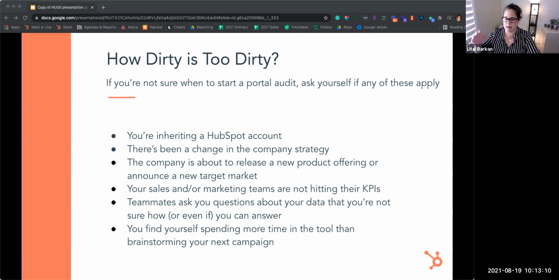If they've been hitting and then missing by a lot, something might be funky with the data. If your teammates ask you questions about your data and you're not sure how to answer them, or even if you can answer them with the data you have, or if you find yourself spending more time working for the tool than the tool is working for you, big red flag.